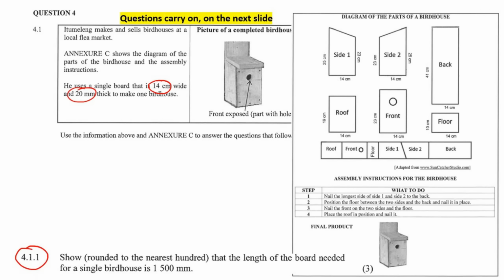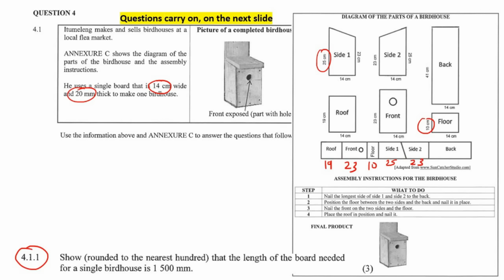Check this out. The roof part is 19 centimeters. The front is 23. The floor is 10. The side, now look here, this is the long side for side 1, which would be 25. But then you only have the short side of side 2, which would be 23.